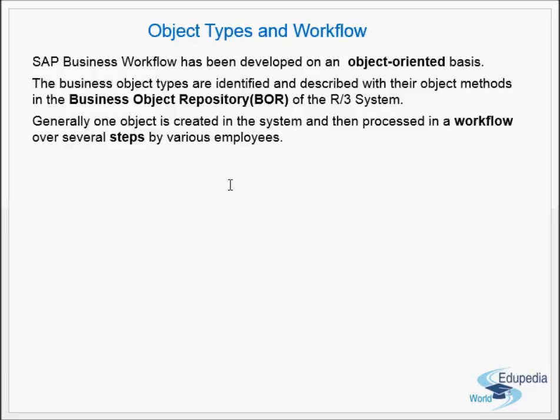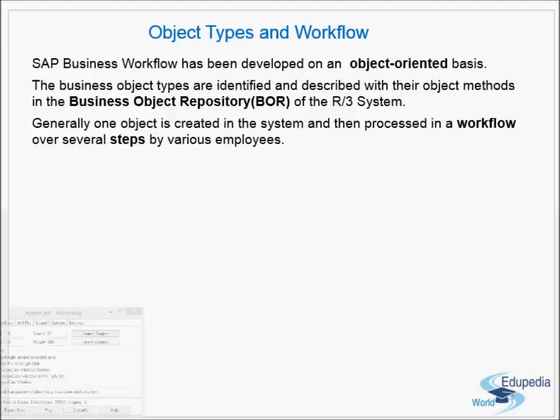So in these two videos, part 1 and part 2 of SAP workflow, we have discussed the technical terms and the theoretical part of an SAP workflow. From the next video onwards, we go into the actual transactions, the transaction codes which are used in the context of workflow monitoring and administration.